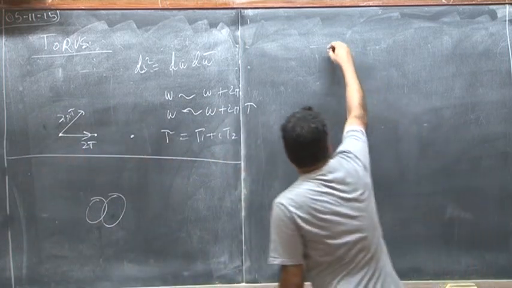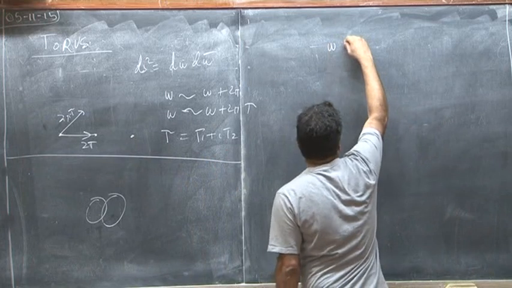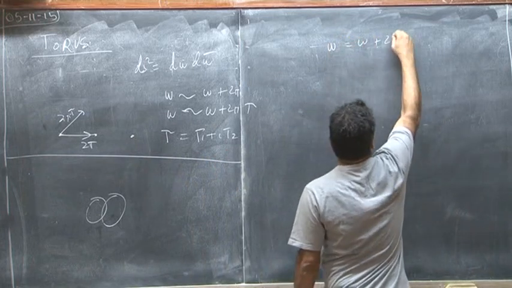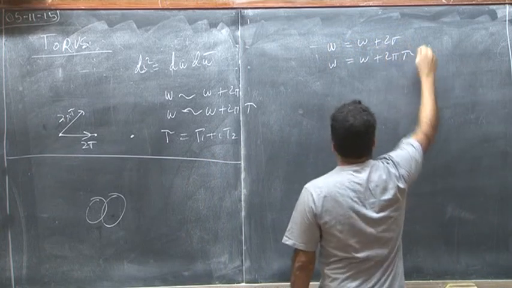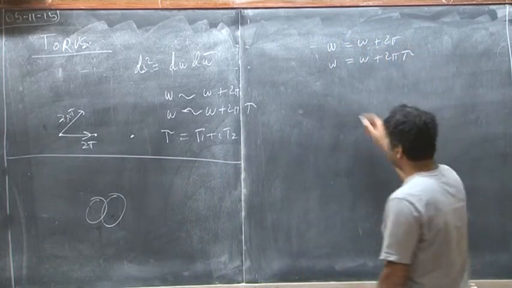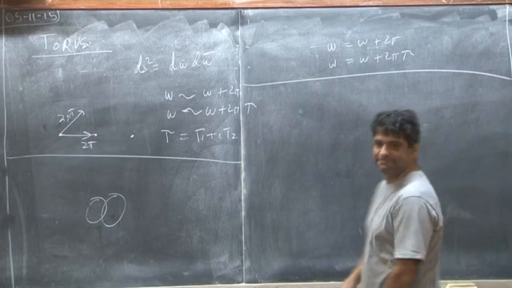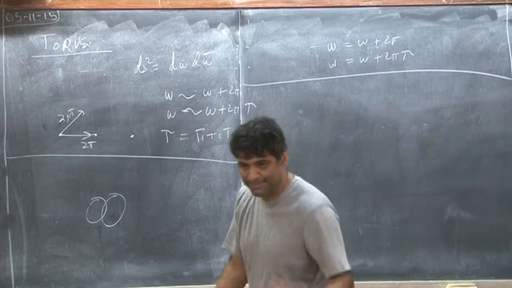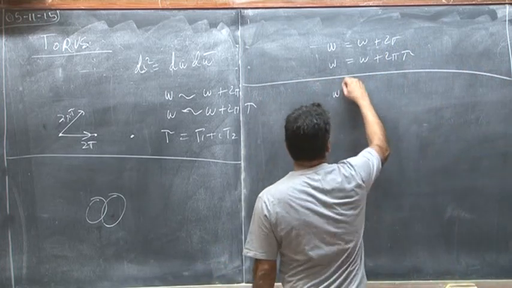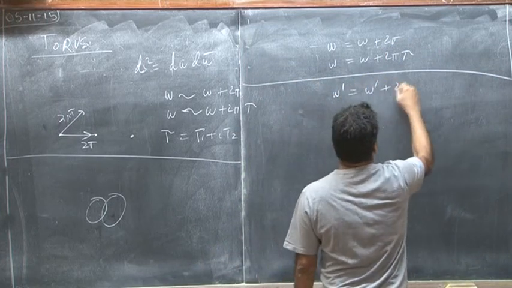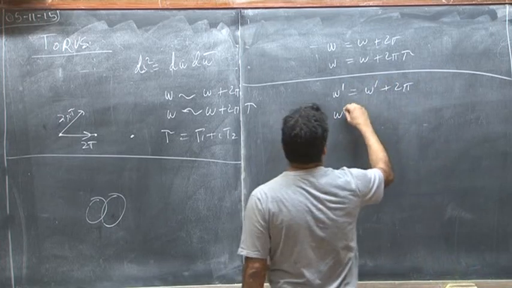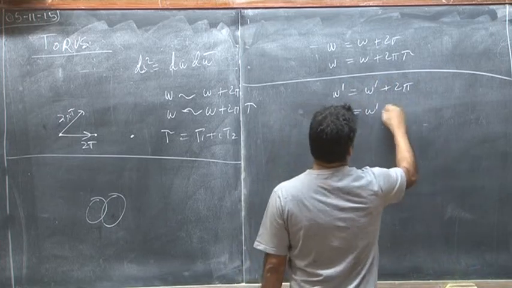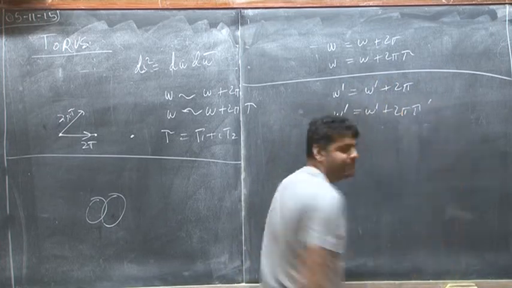Okay. So suppose we've got a set of coordinates such that w is equal to w plus 2 pi and w is equal to w plus 2 pi tau. Now we've got another set of coordinates, let's call them w prime, such that w prime is equal to w prime plus 2 pi and w prime is equal to w prime plus 2 pi tau prime.